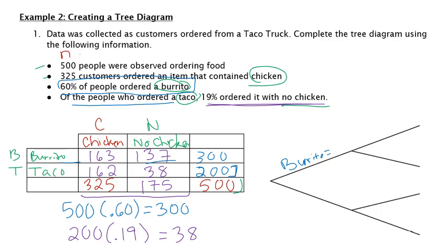So the number of people who got a burrito was 300. The number of people that got a taco was 200, and then I'd break it up from there. So I'm going to say for burrito, chicken was 163, no chicken was 137. And then for taco, chicken was 162, and no chicken was 38.